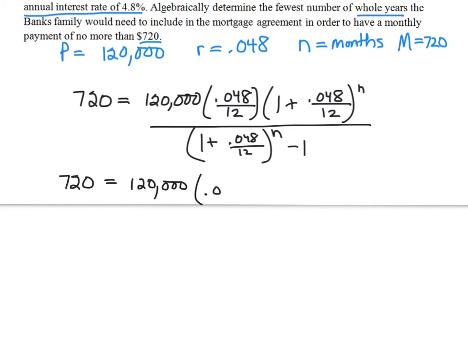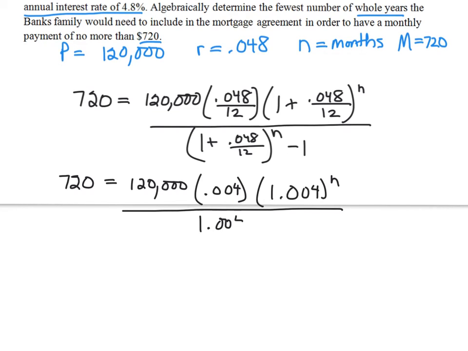So this first part right here is 0.004. 1 plus 0.004 gives me 1.004, raised to the n, all over 1.004 raised to the n minus 1.